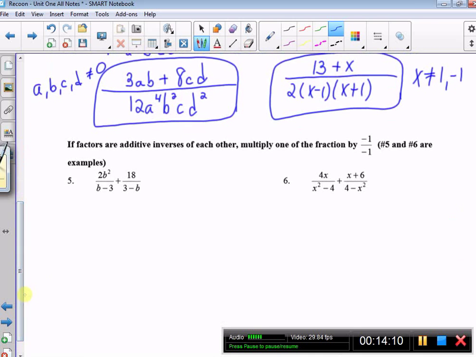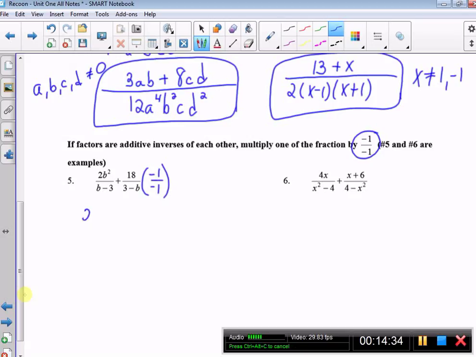Okay, sliding down to example number 5. If you have a situation where the binomial has 2 minus signs and they're in reverse order, you can use this little trick of multiplying by negative 1 over negative 1. Watch what happens.